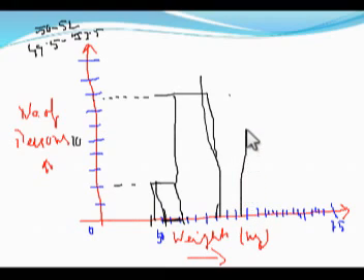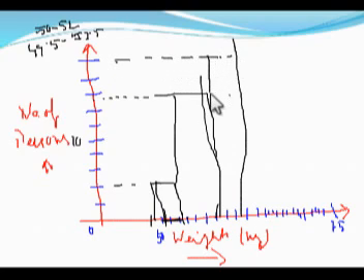So we will take it in this way up to 20. This is 20. And now we will take 58.5 to 70.5: 58.5, 59, 60, 61, 62, 63, 64, 65, 66, 67, 68, 69, 70, 70.5 here.